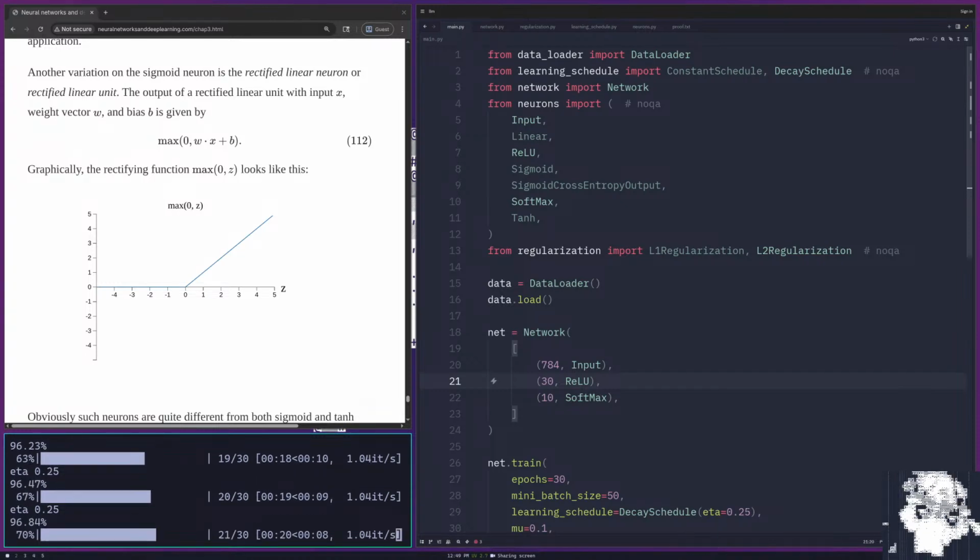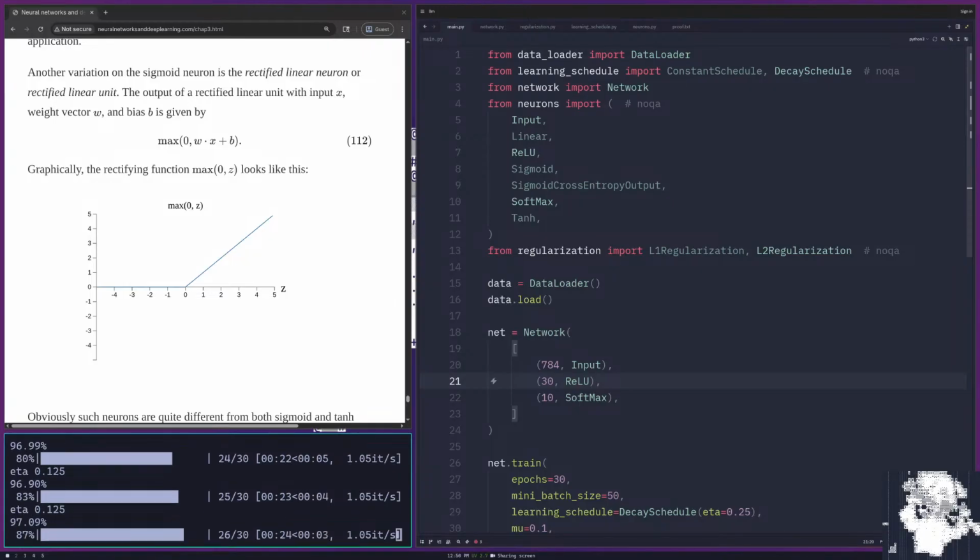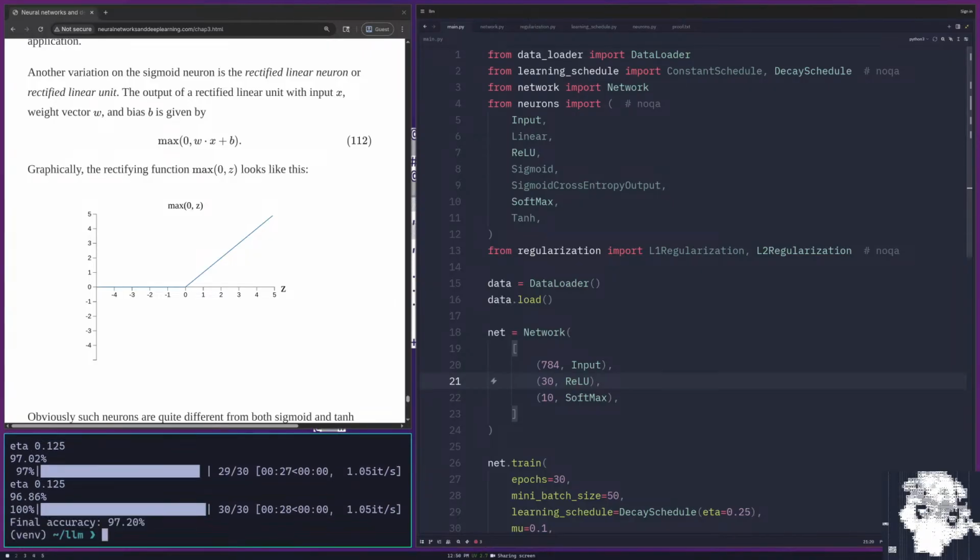Maybe not in the amount of time that we have. Okay, Eta went down and now we're at 97. Good. So yeah, ReLUs in practice have worked well, and I think outside this book they are the main neuron that people use.